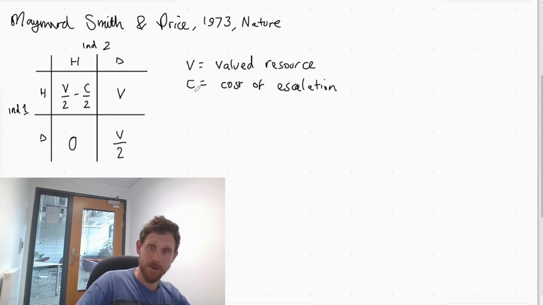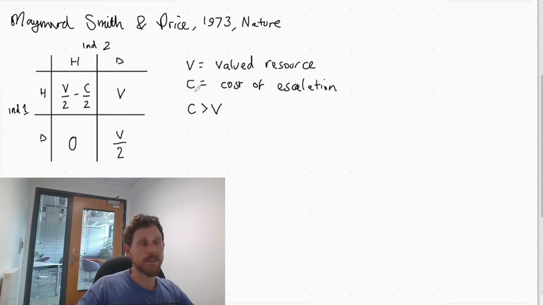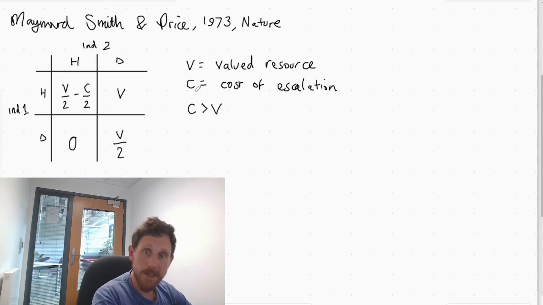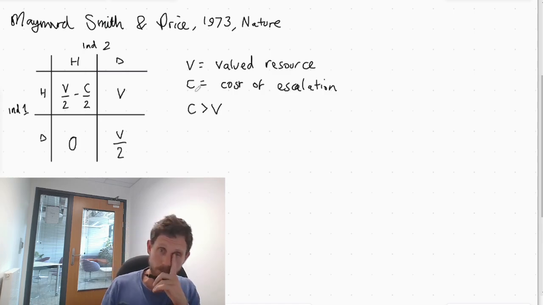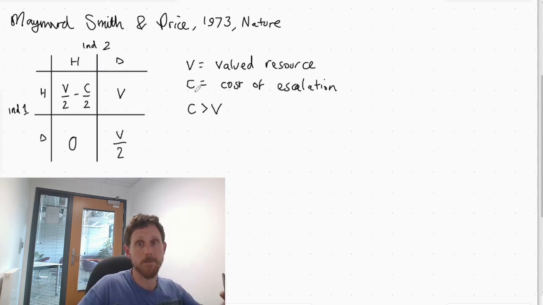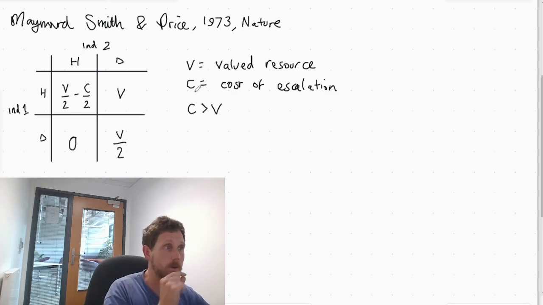Okay, but looks like hawks have pretty much got this one in the bag until here. And here's the trick: it's quite reasonable to assume that there are many cases where the costs actually outweigh the value of the resource. And in this case, we can already see why hawks can't be what we call an evolutionarily stable strategy amongst themselves. Because if you're in a 100% hawk population and you're a hawk, what do you get?